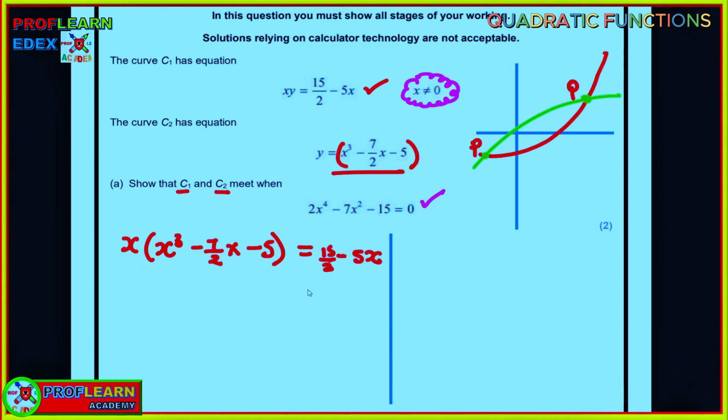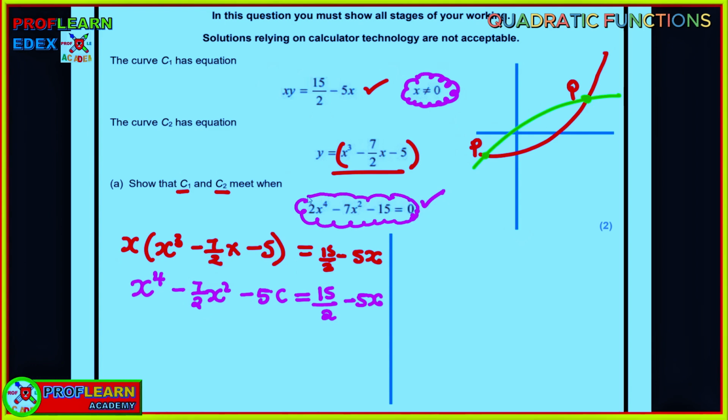Now, if we open the bracket, we're going to have x to the power 4 minus 7 over 2 x squared minus 5x is equal to 15 over 2 minus 5x. And if you look at the equation that we are trying to arrive at, we are trying to rearrange this equation so that we can see what it looks like.